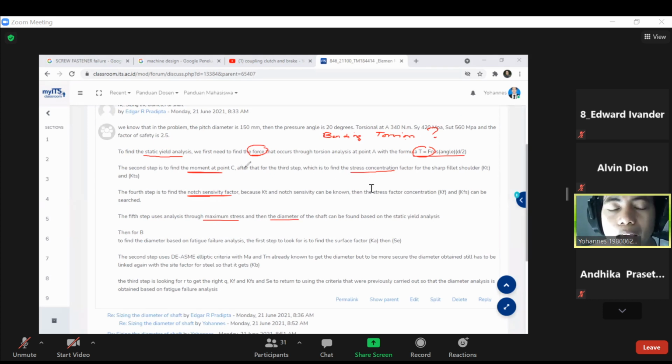And then we have several points to be evaluated. But why do we choose point C here instead of other points, A, B, maybe D? Which point will be our focus in analysis? Why do we choose this point? Of course, it must be a critical one.